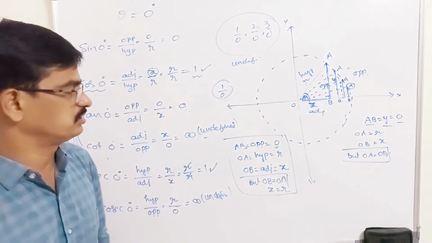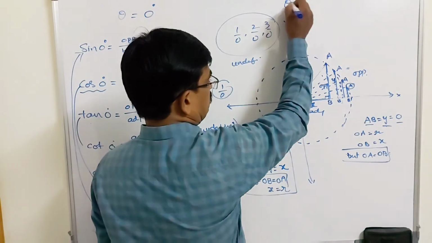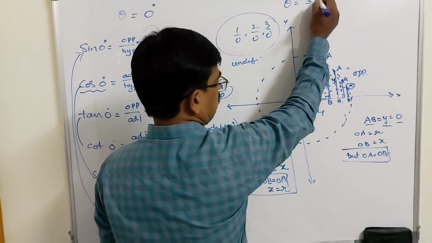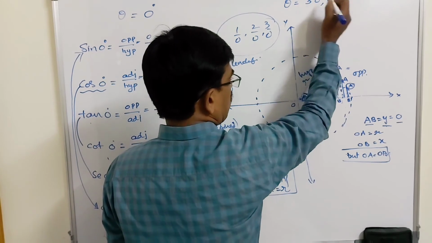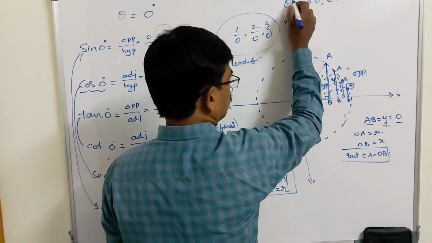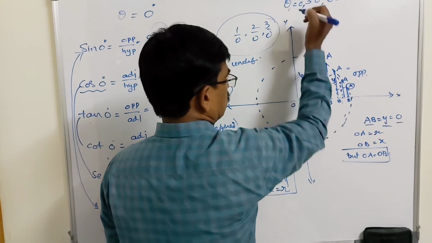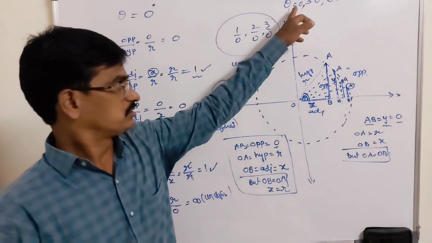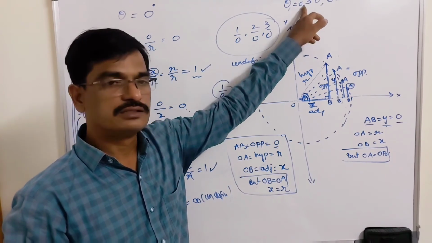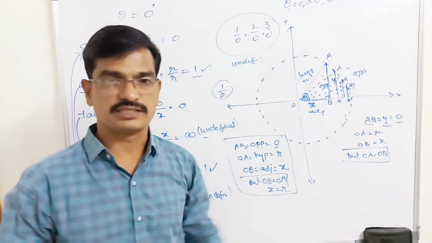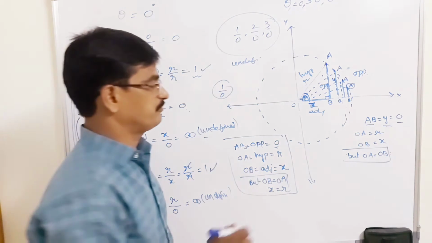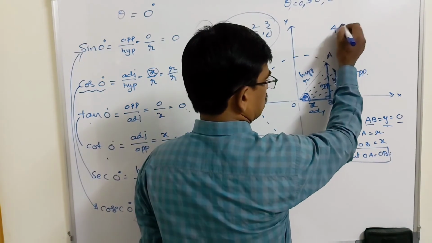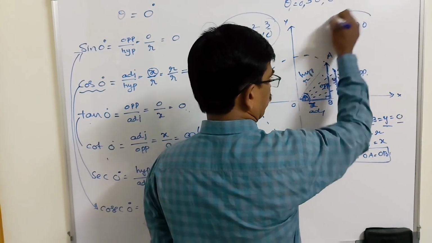Today what we are discussing, for theta is equal 30 degrees, 60 degrees and 0 degrees we discussed today. We find the values of theta is equal to 0 degrees, 30 degrees, 60 degrees. So what are the left? 45 degrees and 90 degrees we left.